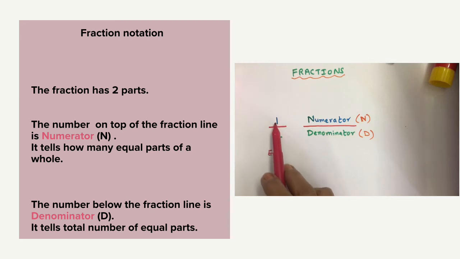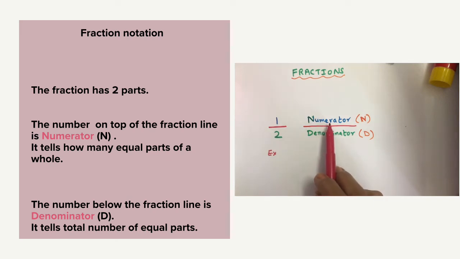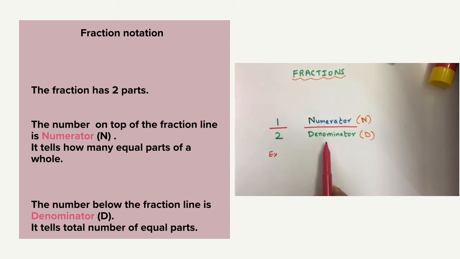Here 1 is the numerator and 2 is the denominator. This is the fraction line. We read this as 1 by 2. The numerator tells the total parts you have and the denominator tells the total number of the divided parts.